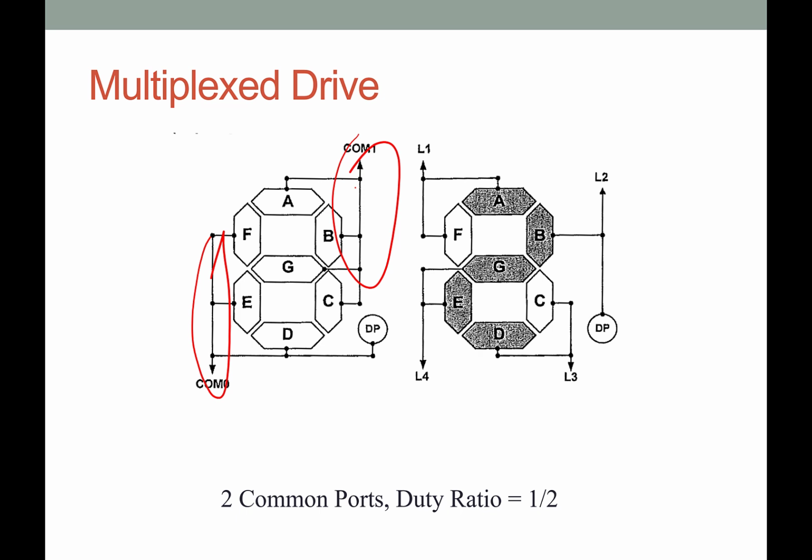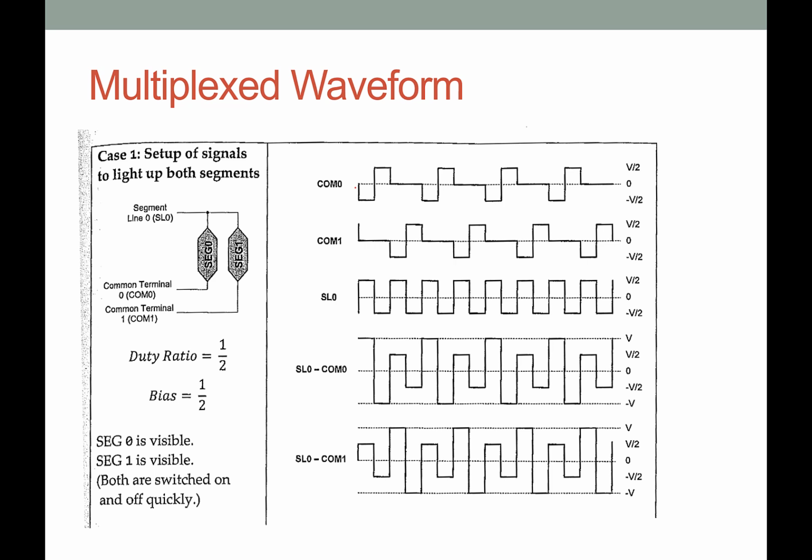You can have more common ports, and the way the clock pulse is done, the particular segment will be on for maybe 1/2, 1/4, or 1/8 of the time. But each time you add more common ports, you change the number of pins that you need.